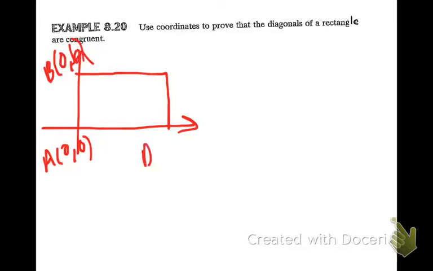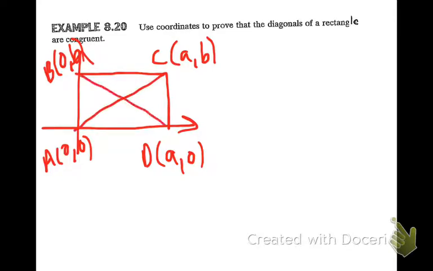Point D is A0. And point C, as we did before, is AB. Right? So now we need to show that AC is congruent to BD.